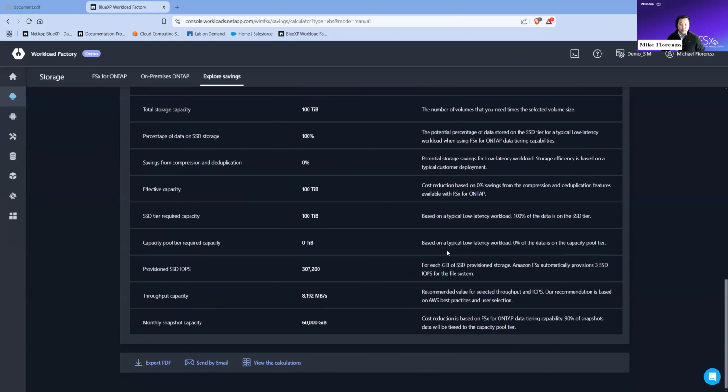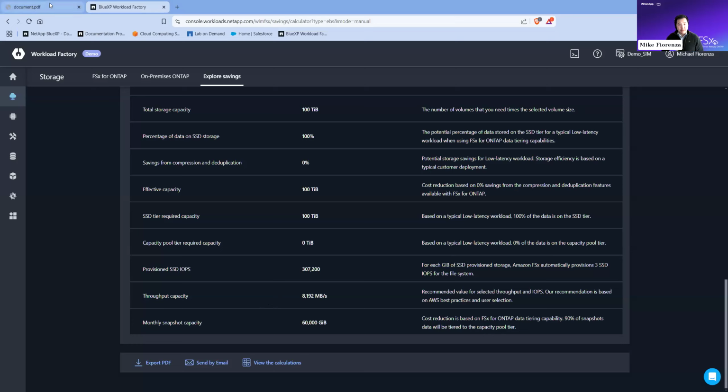And if we go even further down to the bottom, we have the ability to drill down and view the calculations at a deeper level and actually look at the comparisons, and I'll show that in a second. Or you can export this screen that we've gone through here to a PDF or have it sent by email.